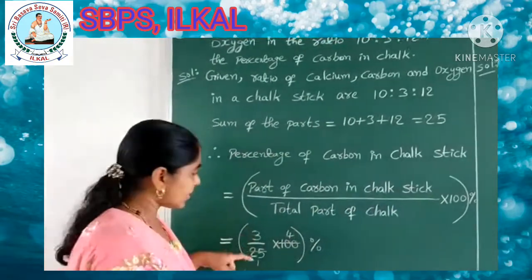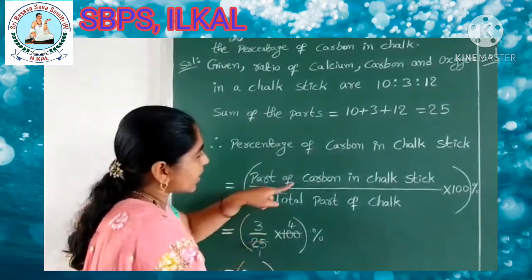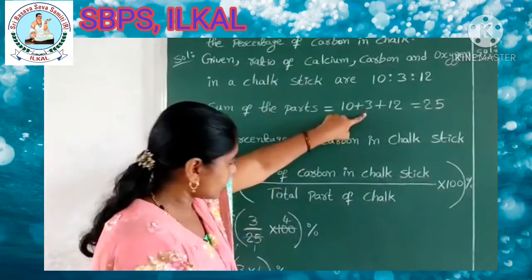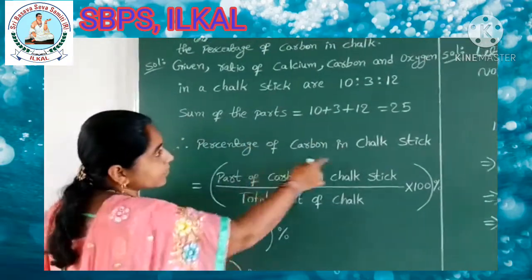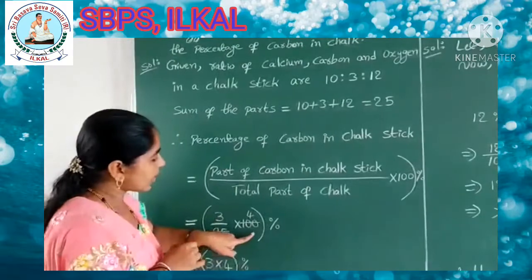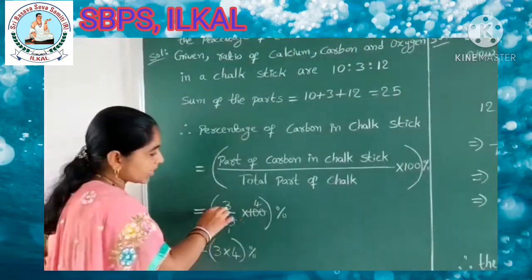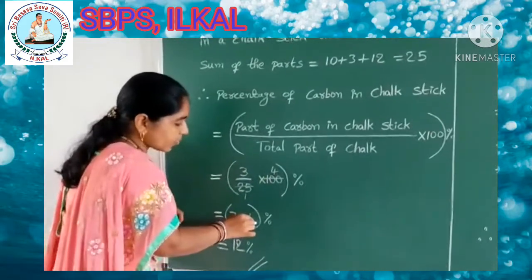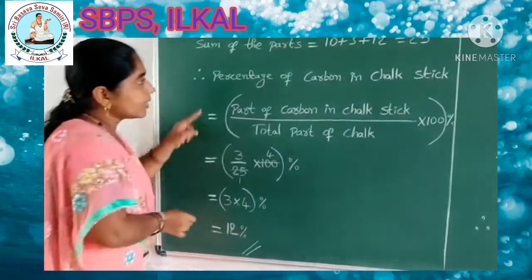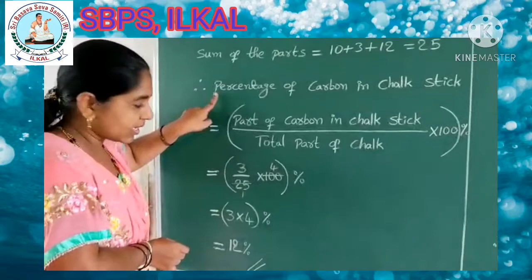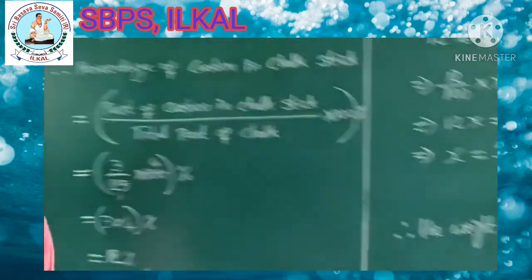That is 3 by 25 into 100. 25 fours are 100, so 3 into 4 remains, which is equal to 12%. Percentage of carbon in chalk stick is 12%.